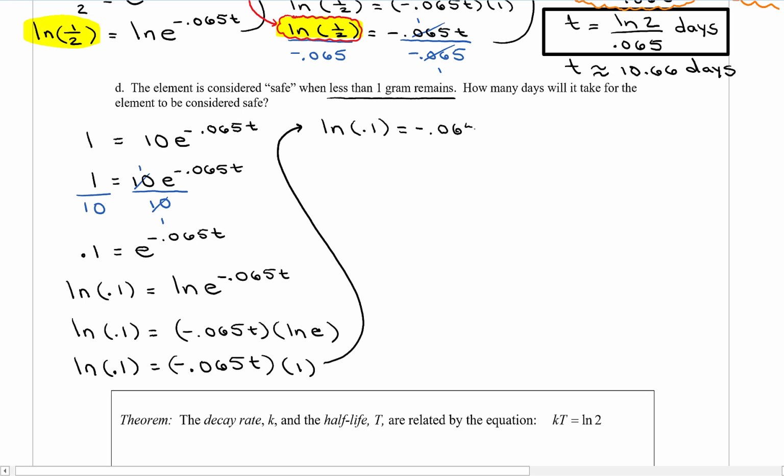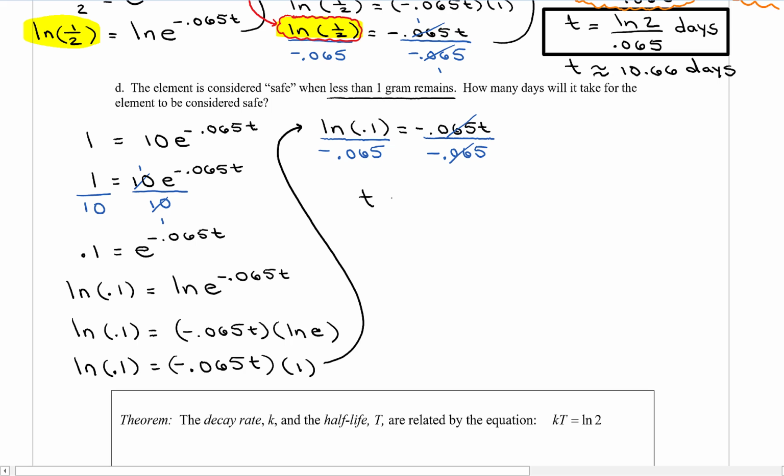In order to solve for t, I'm going to divide both sides by negative 0.065. The negative 0.065s will divide out on the right-hand side, and we will be left with t equals negative natural log of 1/10 divided by 0.065.